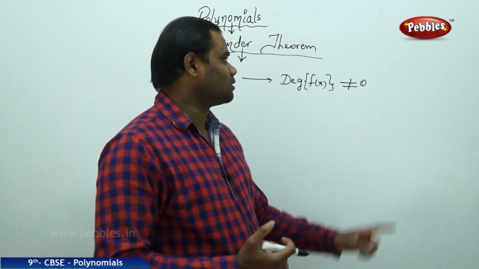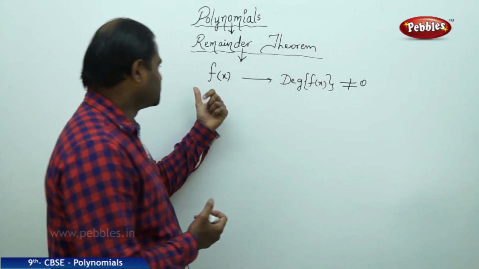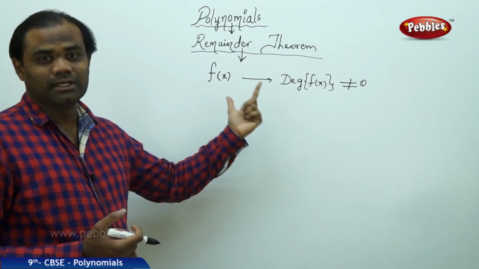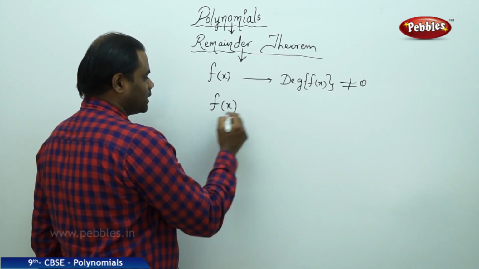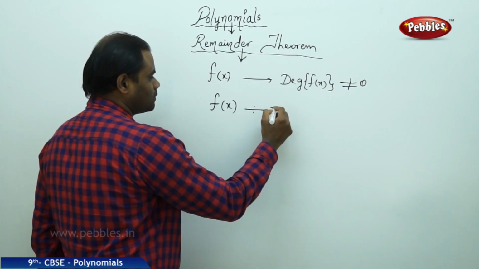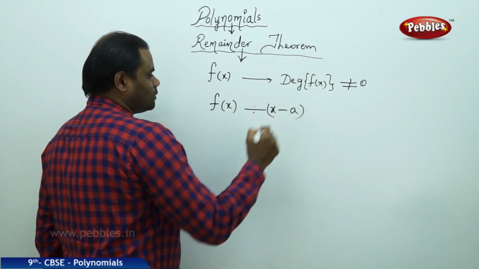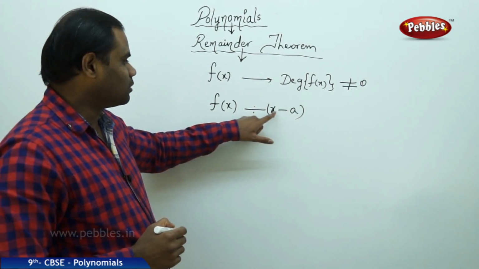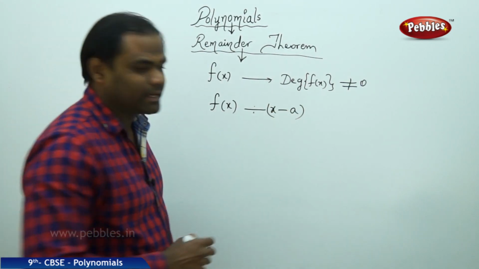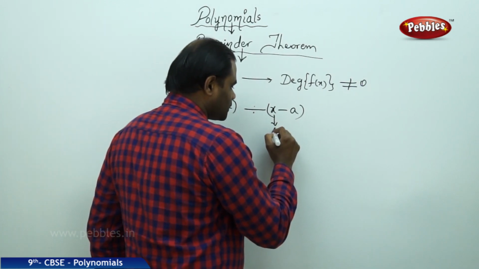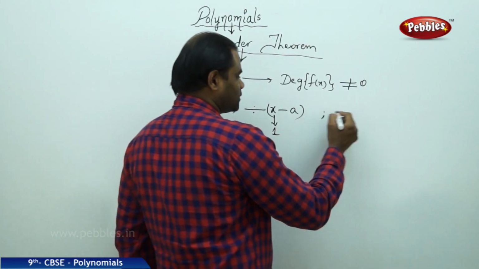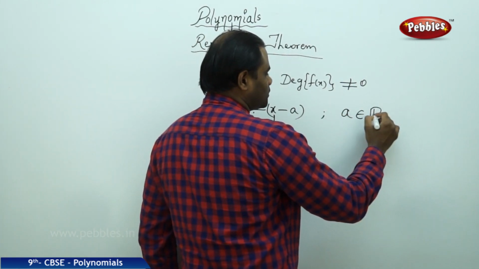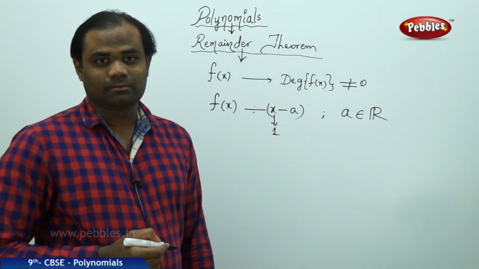in exception to the constant polynomial, if the polynomial f of x is divided by x minus a. Now we all know that this is a linear polynomial because the power of x is 1, with the condition that a is a constant or a real number.